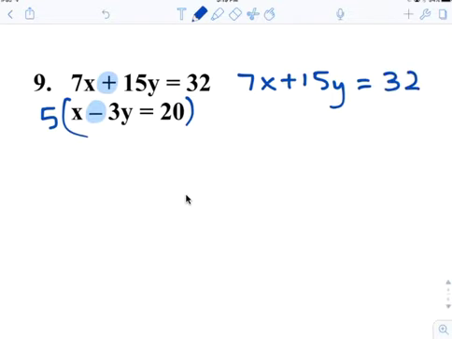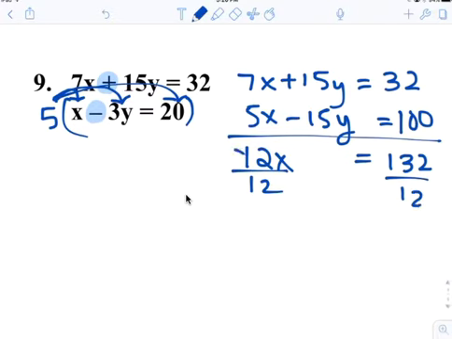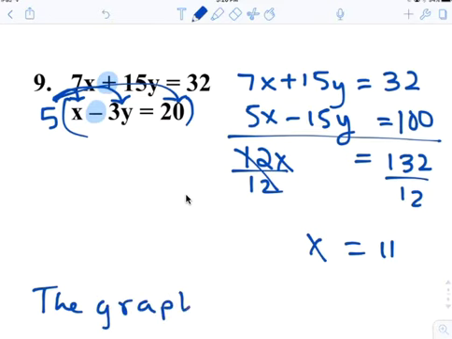The bottom becomes 5x minus 15y, there's your 0, equals 100. It gives you 12x equals 132. Divide by 12, divide by 12. X then equals 11. So the graph will meet at 11.